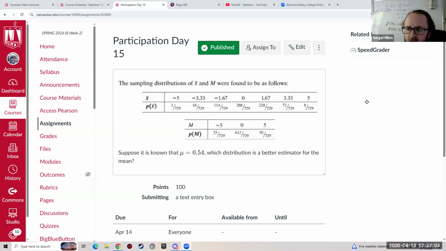You can just say the sampling distribution of X bar is the better estimator. All right. And that's all you have to put in for participation day 15, and that will give you full credit for today's participation.